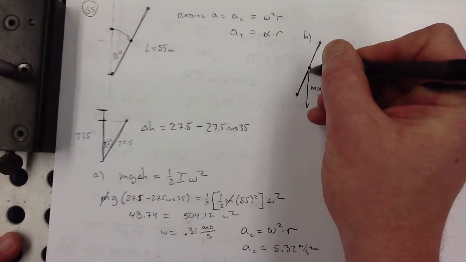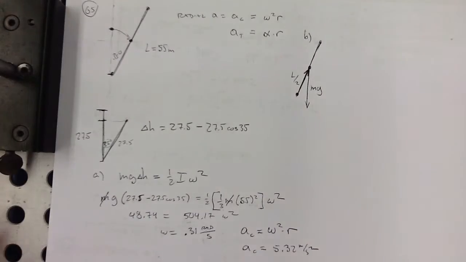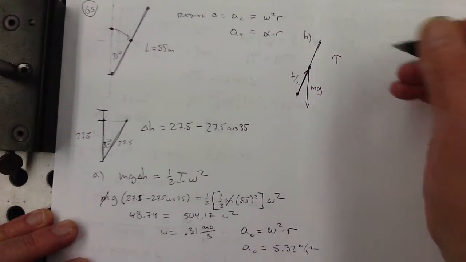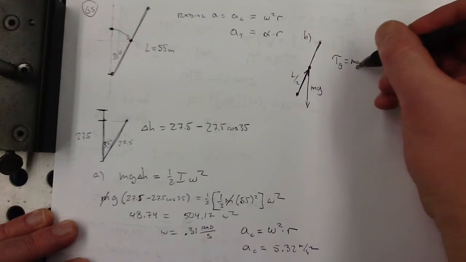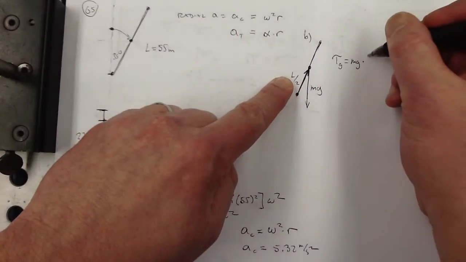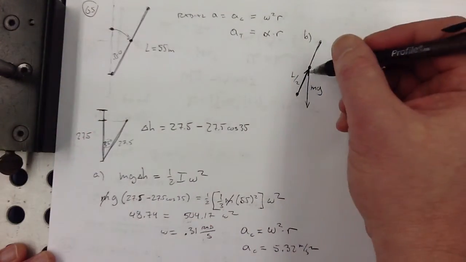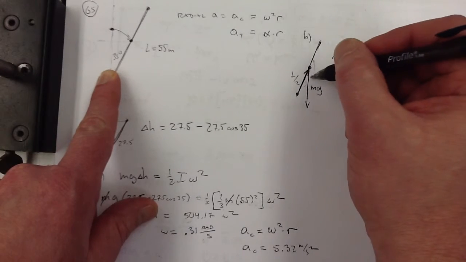So that means it's acting at a distance of half the length, right? So the torque being caused by gravity is equal to the gravitational force times the radius, L over 2, times the sine of the angle between them. The angle between them here, it's not actually the 35, it's really this angle.